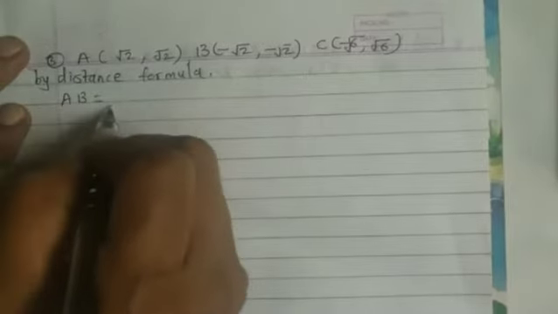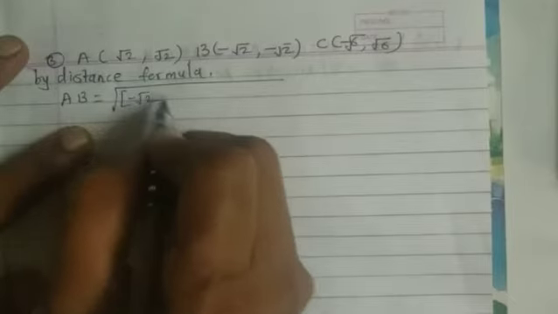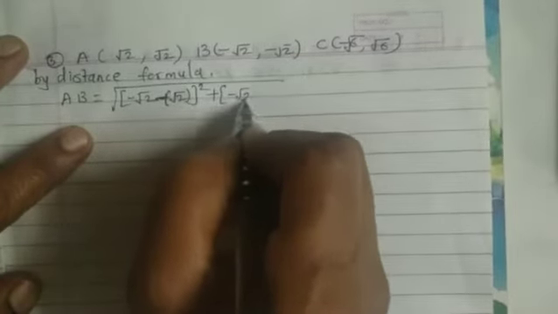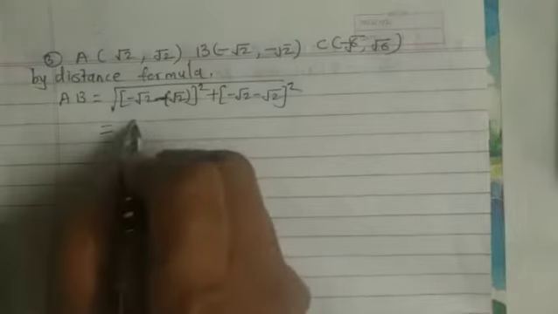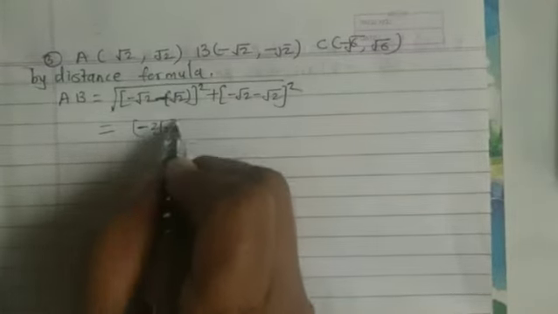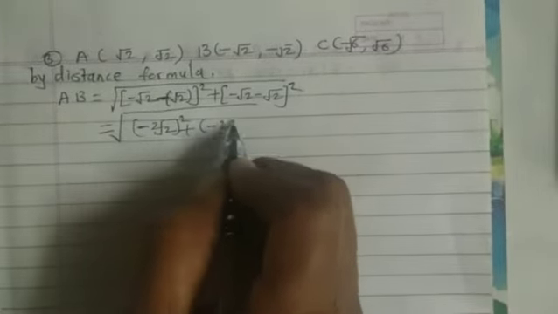Distance AB is equal to, this is x2 minus 2 root 2 plus minus root 2 bracket square plus y2 is minus 2 root 2 minus 2 root 2 bracket square, that is equal to, we can simplify it as minus 2 root 2 bracket square plus in the second bracket also minus 2 root 2 bracket square.